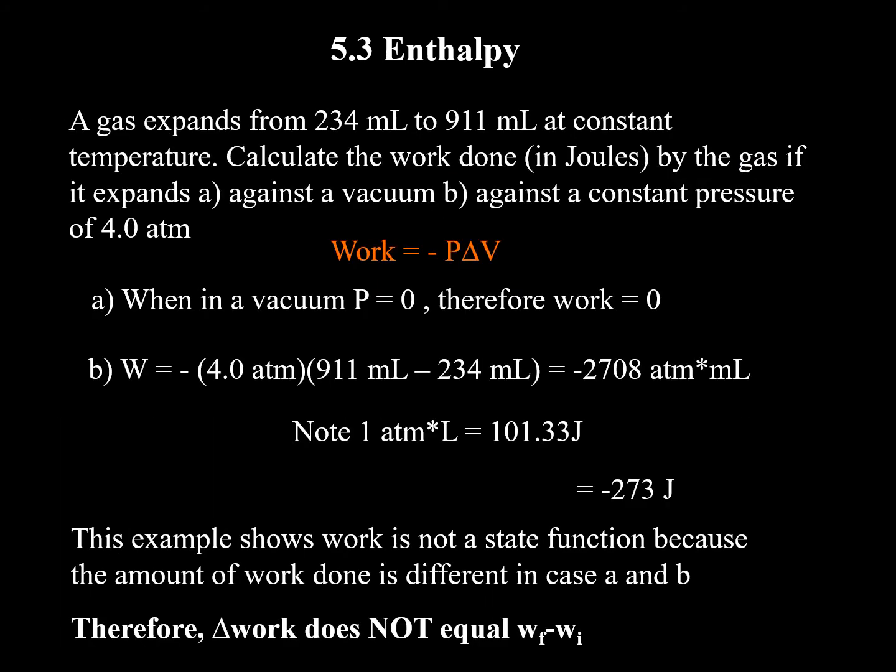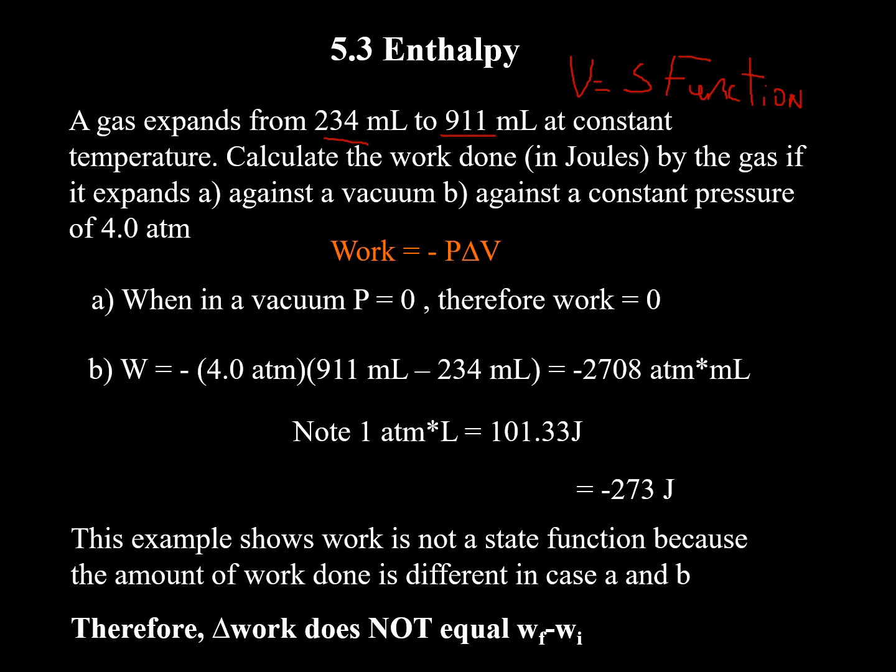So here is the example. A gas expands from 234 milliliters to 911 milliliters at constant temperature. V is a state function. So I'll just write state function here. So we're worried about, for state functions, how we start at the beginning and how we get to the end.